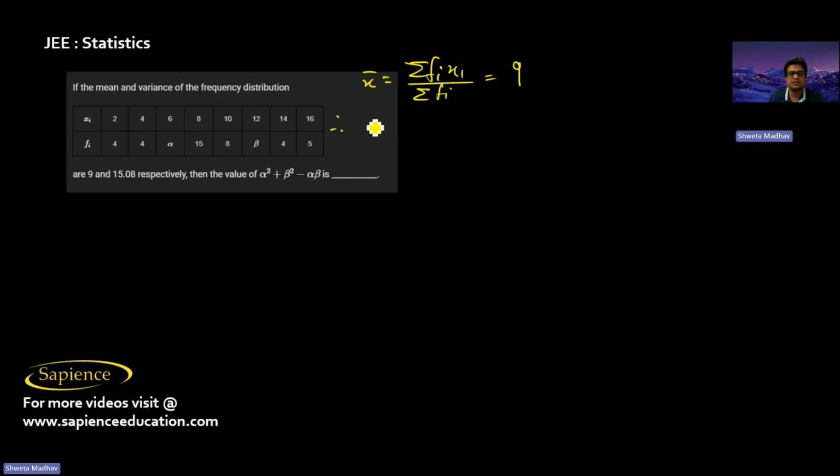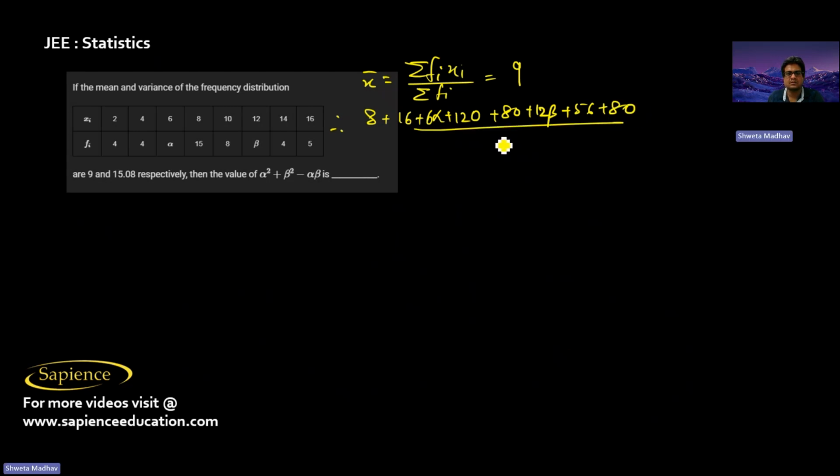So therefore I can say 2 into 4, that is 8, 8 plus 4 plus 16 plus 6 alpha plus 15 8s are 120 plus 80 plus 12 beta plus 14 4s are 56 plus 16 5s are 80.